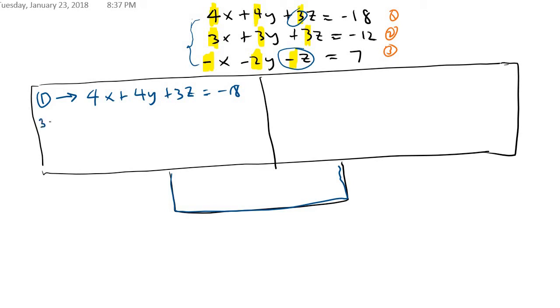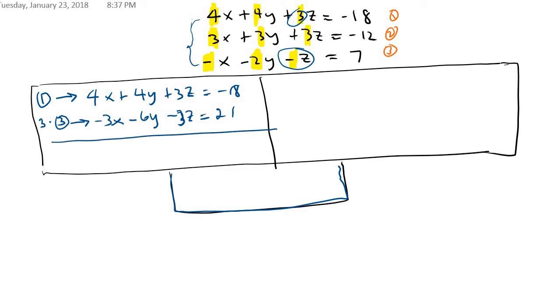So 3 times equation 3 will give me -3x, -6y, -3z equals 21, because 3 times 7 is 21.